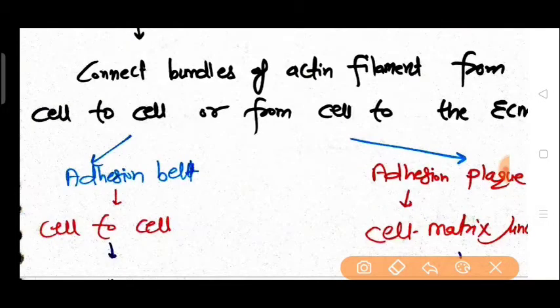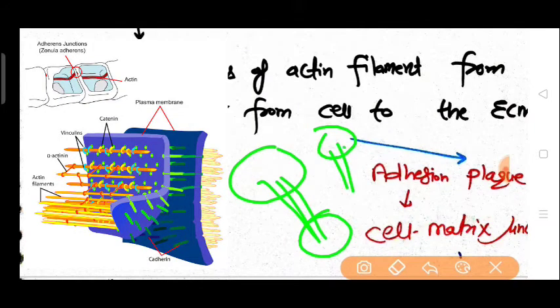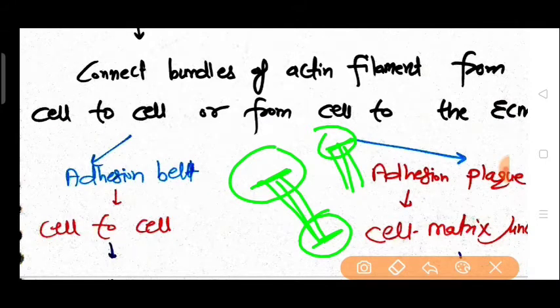Assume this is your cell and this is another cell. This is the actin filament of cell A, and this is the actin filament of cell B. Adherent junctions provide connectivity between the actin filaments of neighboring cells, or from the cell to the matrix.